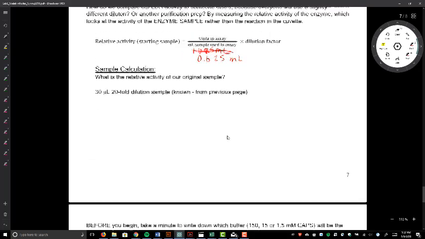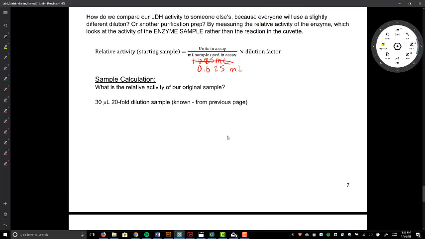So now I want you to take a minute and calculate what the relative activity is of the initial sample, the original sample, if we have 25 microliters of a 20-fold dilution sample. We know from the previous problem that we have 0.044 units, and we added 25 microliters of sample. Doing the conversion, it's 1,000 microliters to a milliliter, and that gives us 0.025 milliliters.